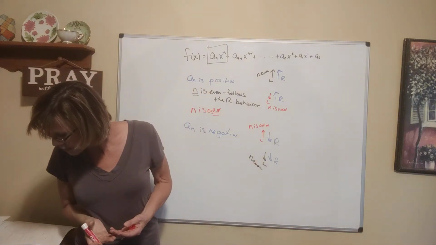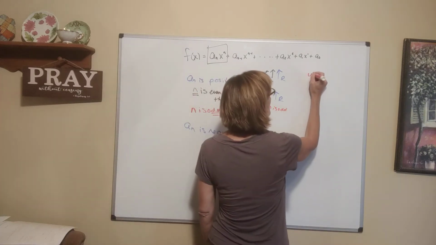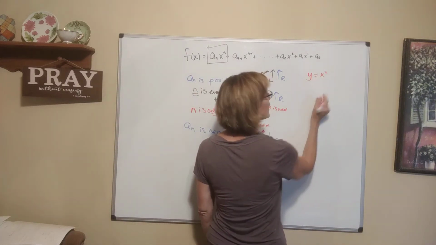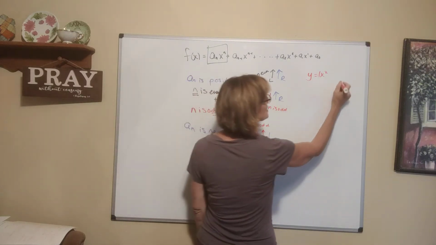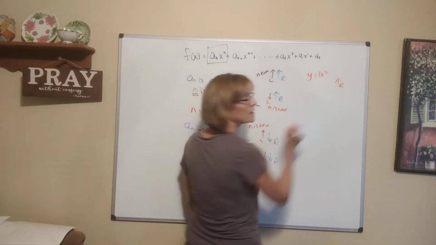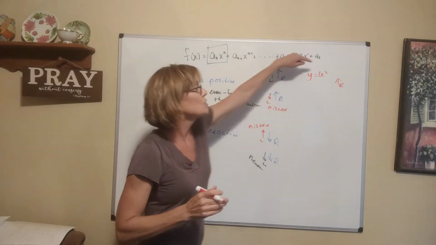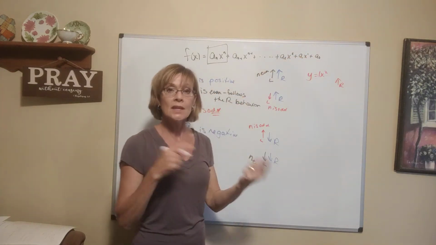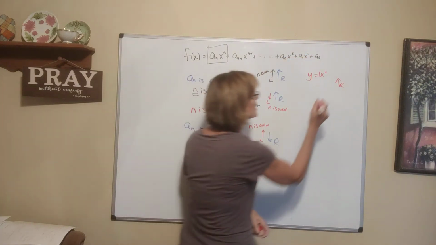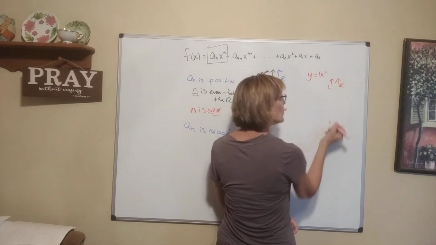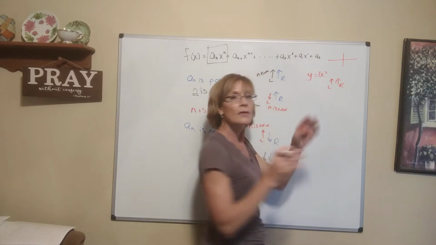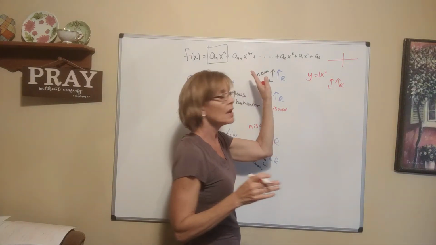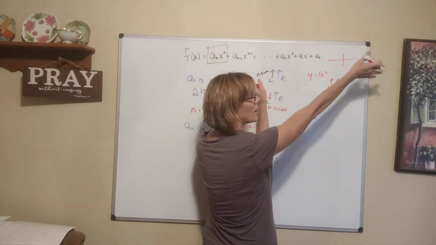I have this: y is equal to x squared. The leading coefficient, for emphasis, is 1. 1 is positive. That means it's going to go up to the right. The degree is 2, which is even. That means the end behavior on the left is going to be up to the left. Now, what does end behavior mean? End behavior means what is happening to the left at negative infinity and at the right end of the graph, positive infinity.